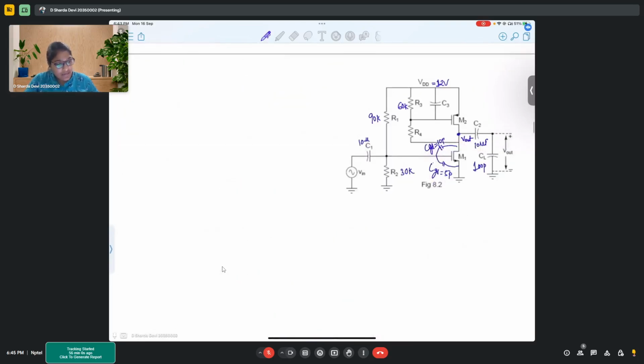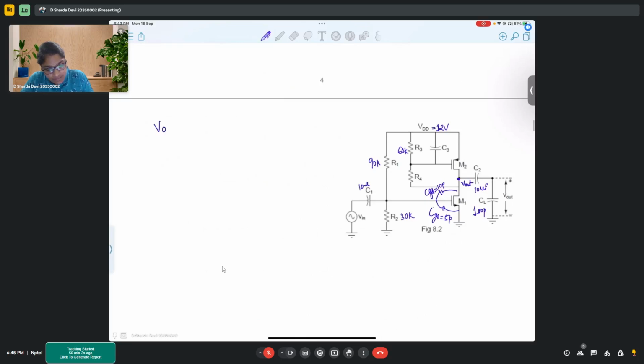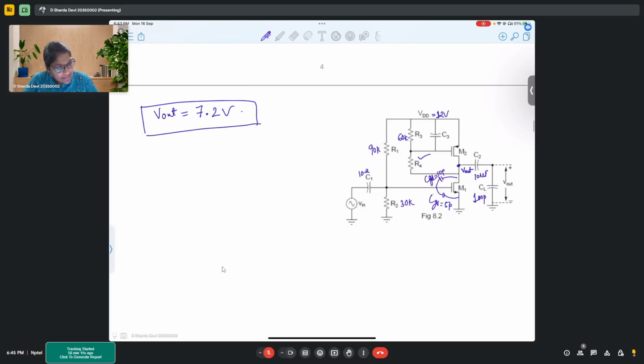So since we got our V out, that is 7.2 volts, now I have to find this R4, correct? I know this voltage, I know this voltage. Let's say at x, I would write a KCL at x. X is basically VG2, right?